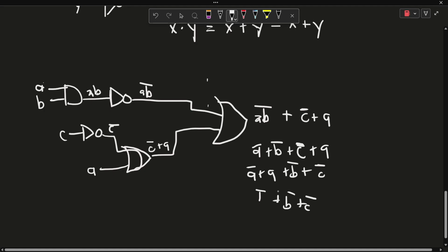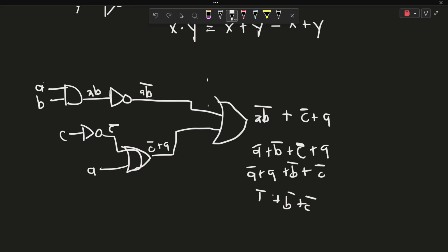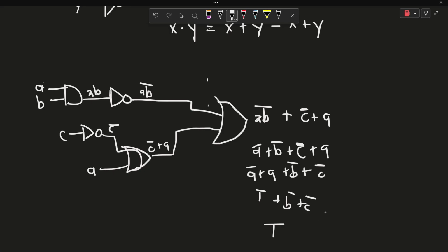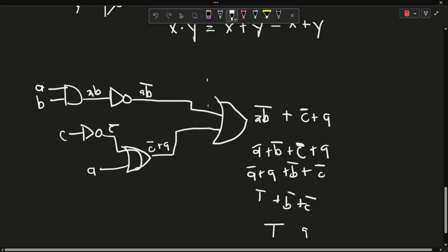Now, simplify wise, as soon as you get a true there, it would just be over, because then the whole thing just equals true. Because true or anything is true. But aside from that, you could probably just want A plus B not plus C not.